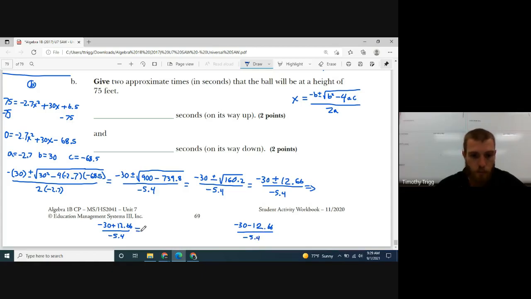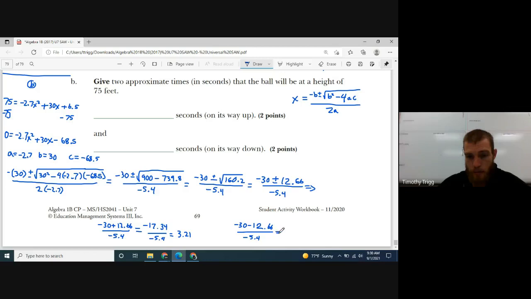Okay. So let's go ahead and do this one. So negative 30 plus 12.66, that gives me negative 17.34. And then we're going to divide by negative 5.4. So that gives us a negative divided by negative, that's positive, 3.21.